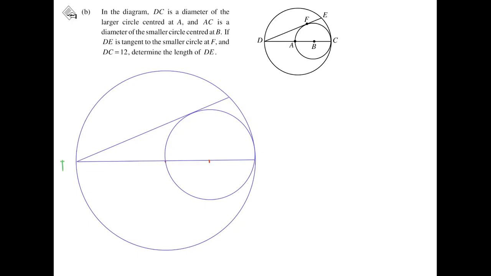So this is D, and this is A, this is B, C over here. This point that's tangent is F, and this is E. I'm also going to draw the tangent line to connect to B, so right here. And if a point is tangent, then that means that when you draw lines like that, it creates a right angle, like that.